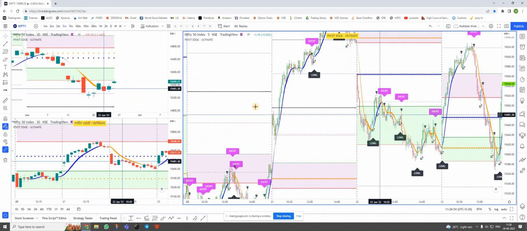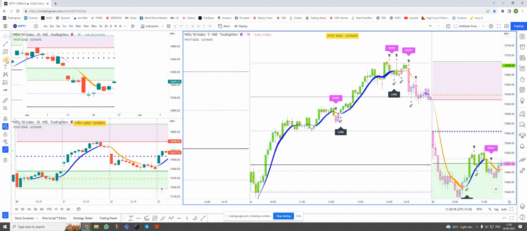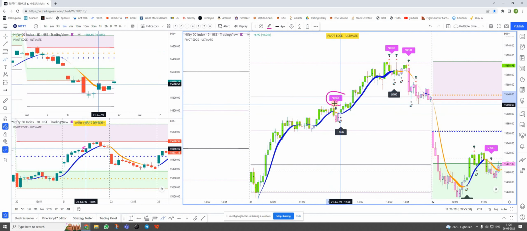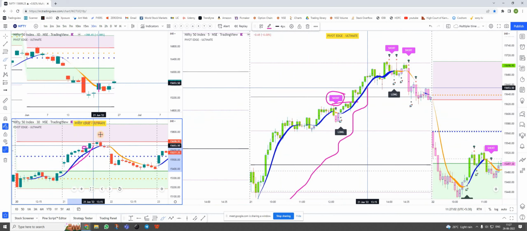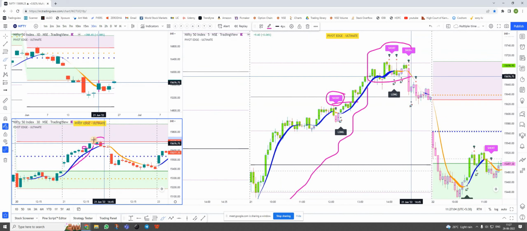See here, this particular day, when it is giving you a short here, don't short, because that particular day we know the trend is going up and it has all possibility to touch this level here.